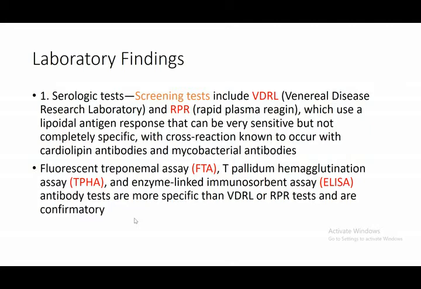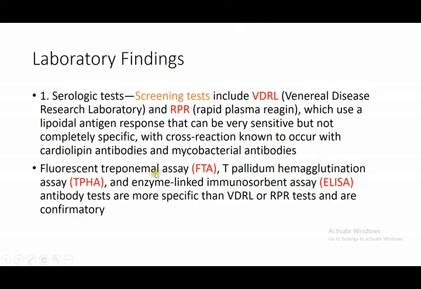For diagnosis, important serological and CSF studies are done. The serological tests are of two types: antigen detection type and antibody detection type. The antigen response tests, which include VDRL, Venereal Disease Research Laboratory, and RPR, rapid plasma reagin, are very sensitive but not specific.